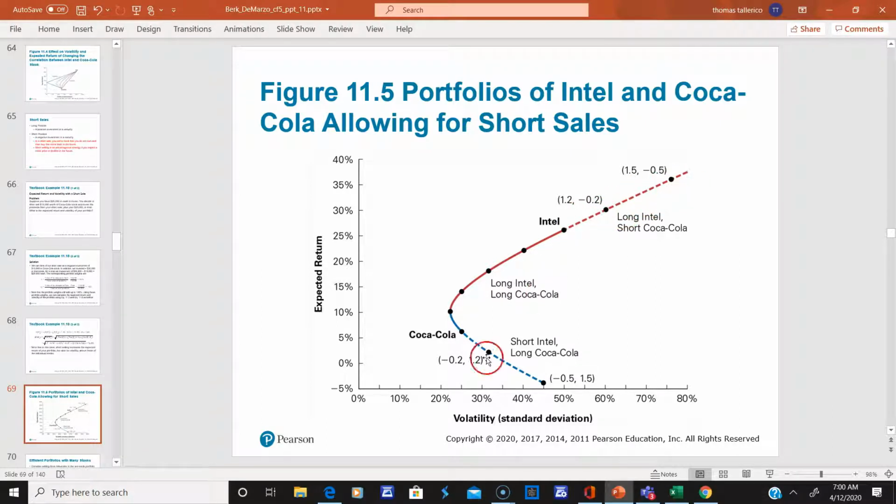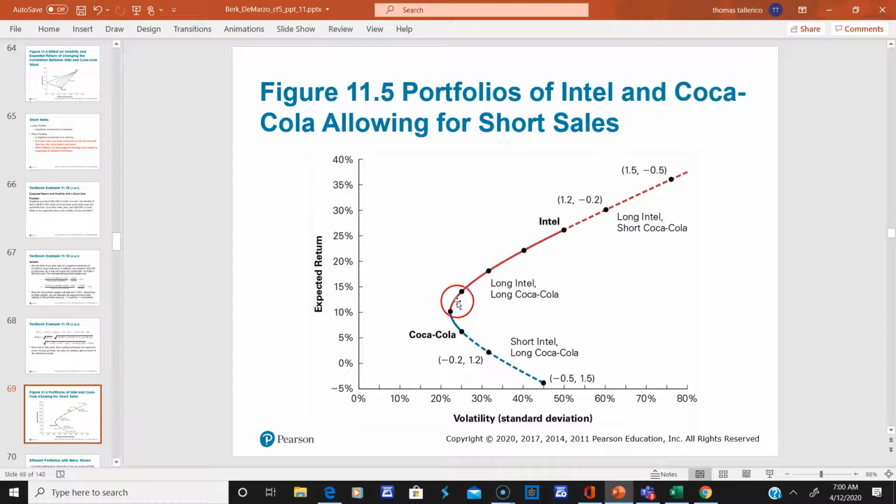So you notice you're short, and then you're short here. And basically, you'll notice that as the volatility goes down, by being short in a portfolio here, you're kind of diversifying the other way. So your volatility is going down, while your return is going up, okay?